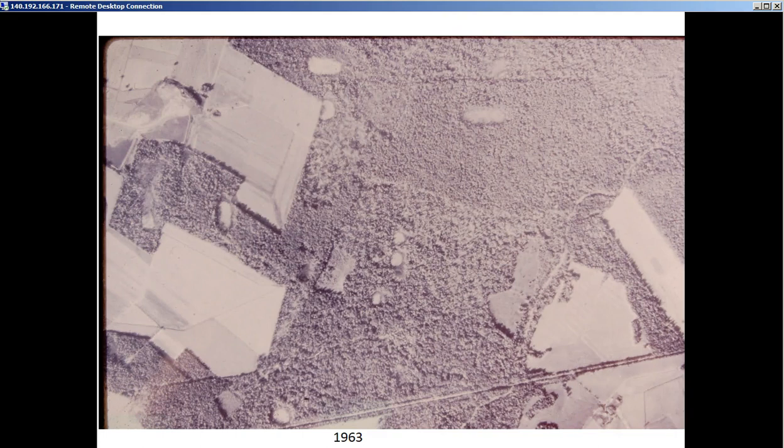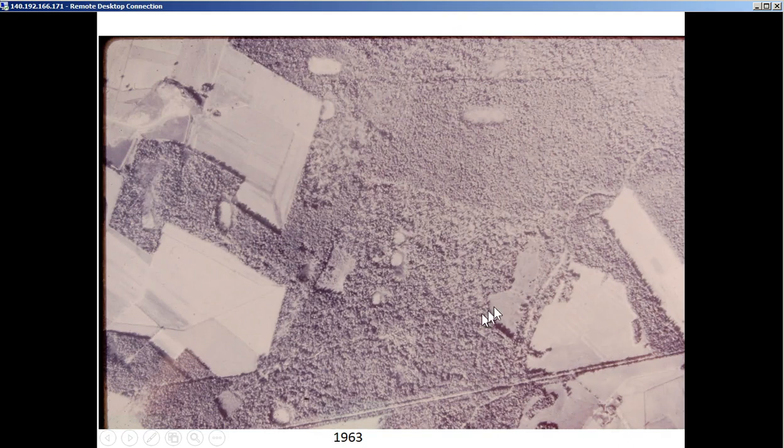Muhlenberg County, some of you maybe know the song Paradise by John Prine. It was about Muhlenberg County and mining in Muhlenberg County. So when you look at this photograph from 1963, this is a black and white aerial photograph, and you can see some large kidney-shaped ponds, or these are actually ponds.